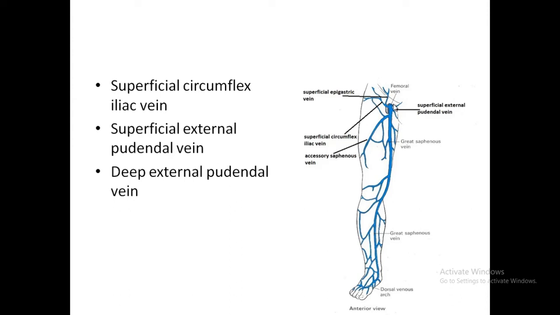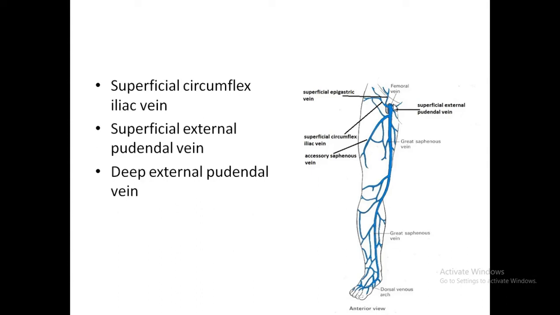Then we have the superficial epigastric vein. It drains the inferior abdominal wall and opens into the long saphenous vein as it traverses the saphenous opening. Then we have the superficial circumflex iliac vein. It drains the inferior abdominal wall and opens into the long saphenous vein as it passes through the saphenous opening.